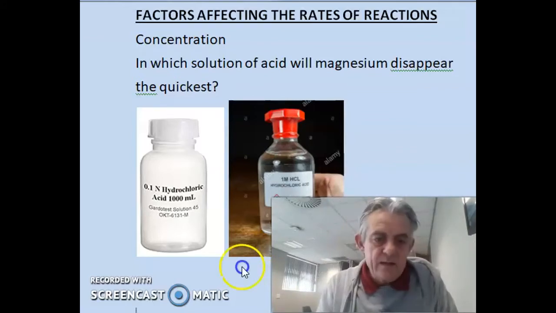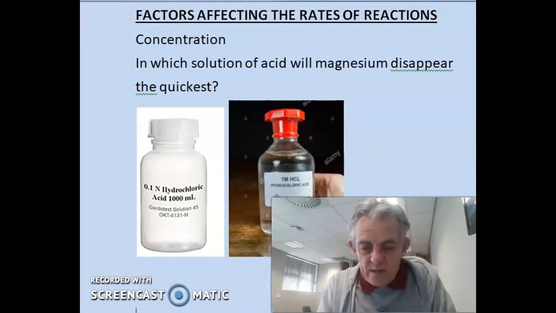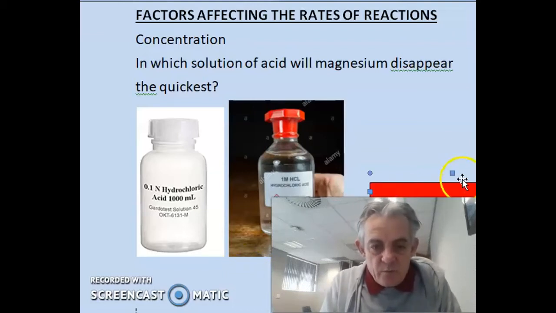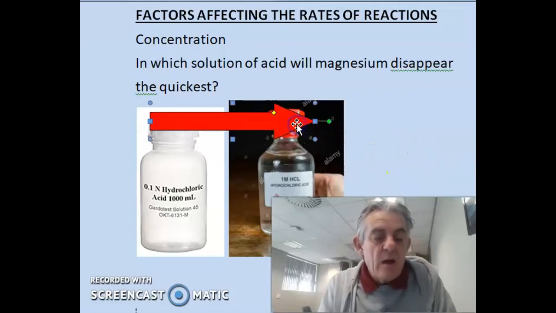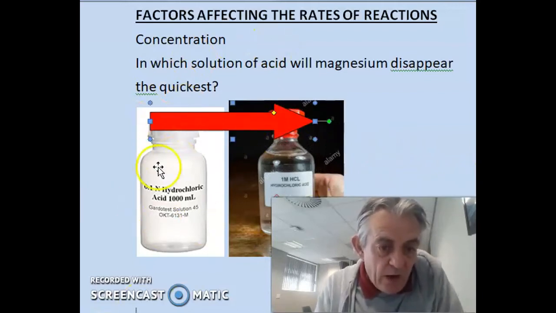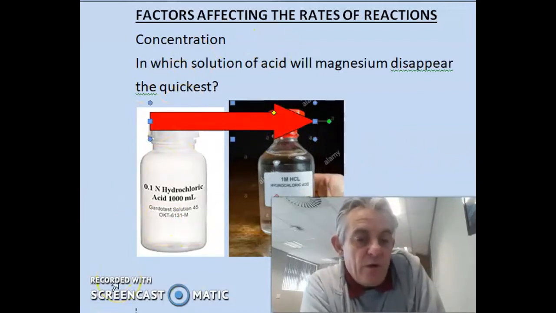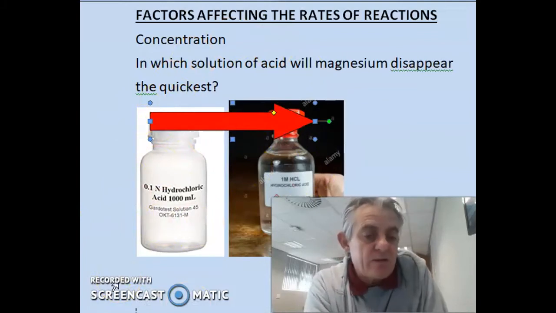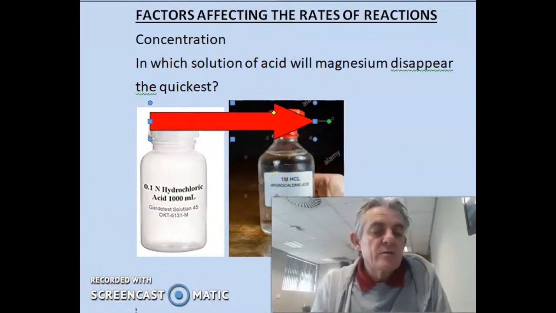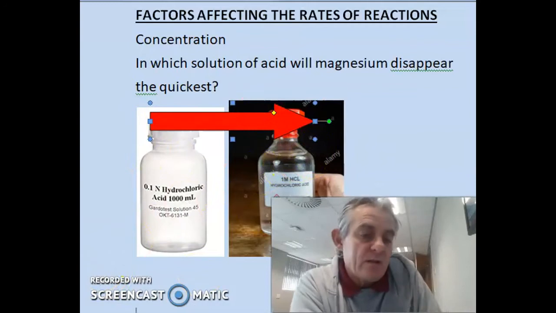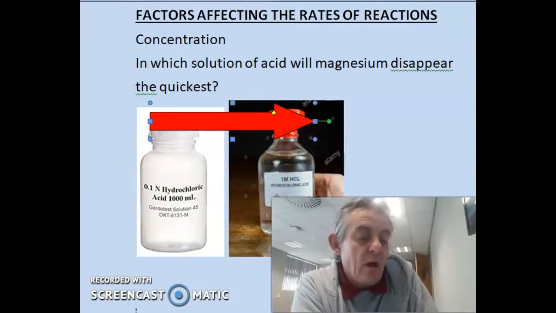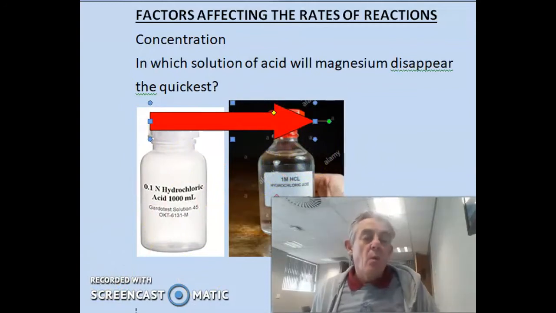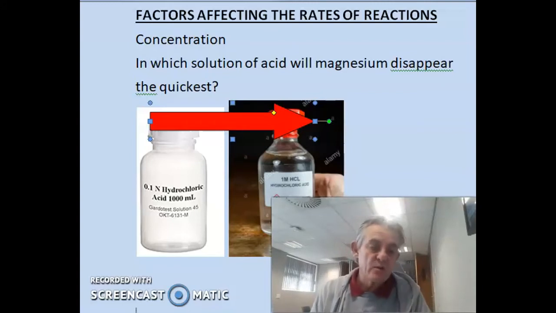Okay, and that is what one would expect: the magnesium would dissolve more slowly in the 0.1 molar solution of hydrochloric acid because it is less concentrated, and it will dissolve more quickly in the 1 molar solution of hydrochloric acid, once again because 1 molar is a stronger solution than 0.1 molar.